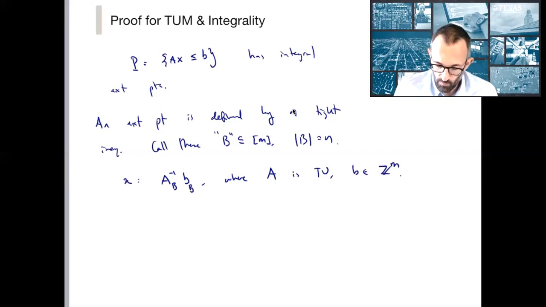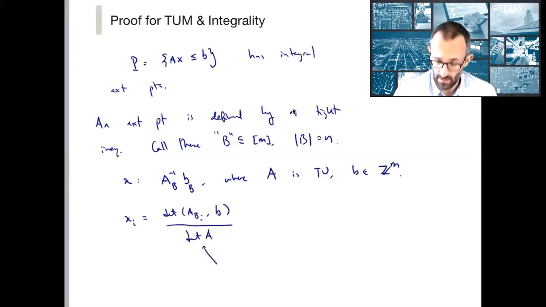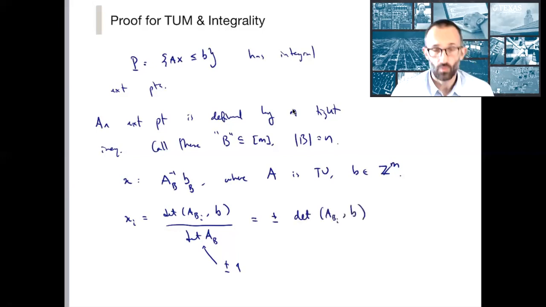And then we know from the first way that I wrote the fact, x_i is equal to the determinant of A_B^i divided by the determinant of A_B. The determinant of A_B is clearly either plus or minus 1. So therefore, x_i is equal to either plus or minus the determinant of A_B^i. What is this?